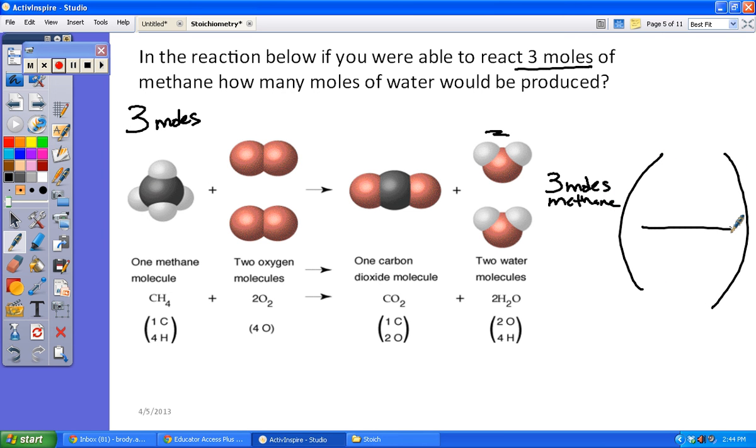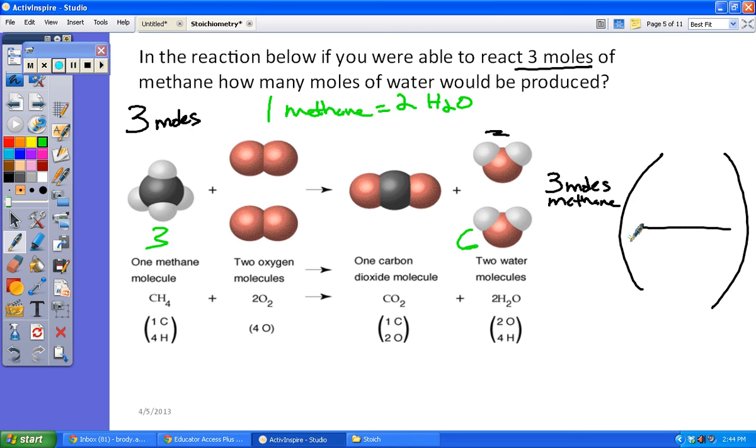Now, some of you are probably sitting there saying, it's really easy because you have 3 parts here, you're going to have 6 parts of water. And you're right, but they're not going to be this easy all the time. So we set up this conversion where the ratio is 1 methane equals 2 water. Whether it's molecules or moles, it doesn't matter. In this case, we're working with moles.